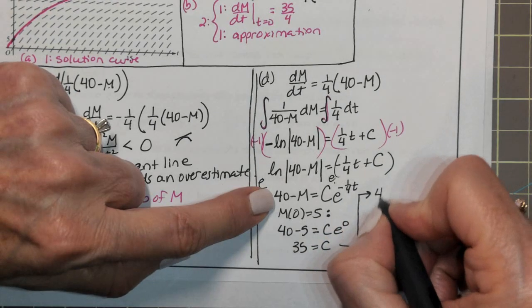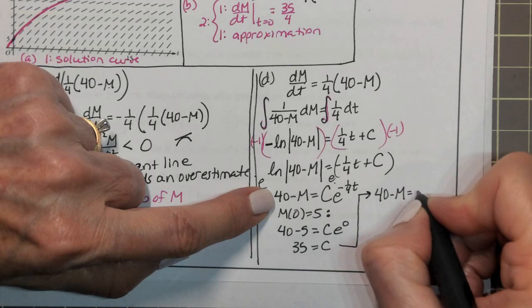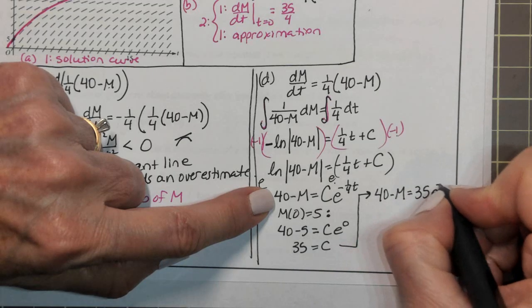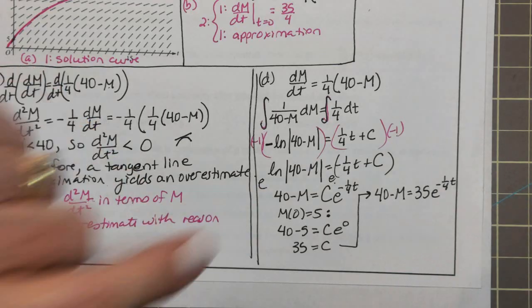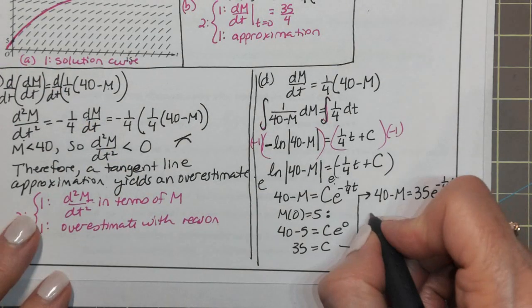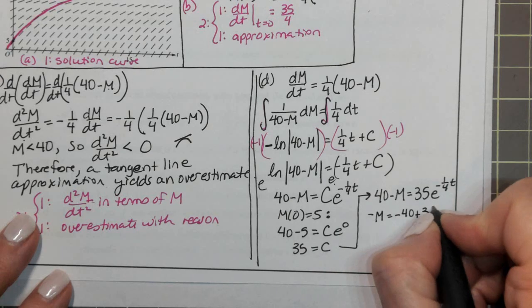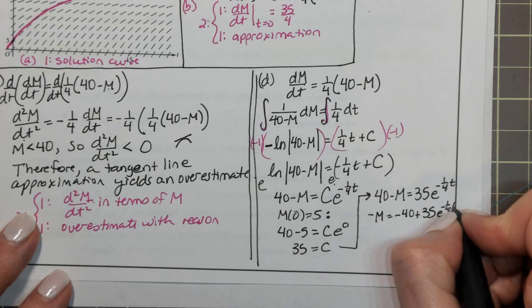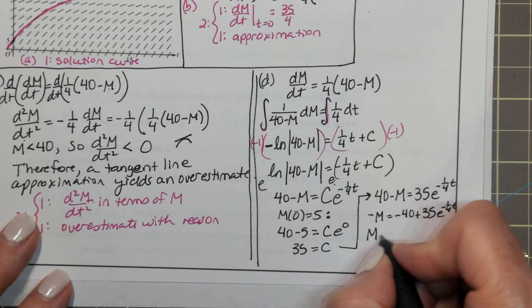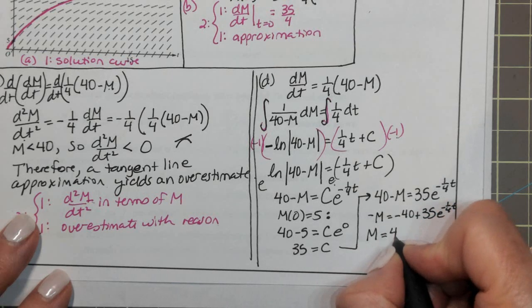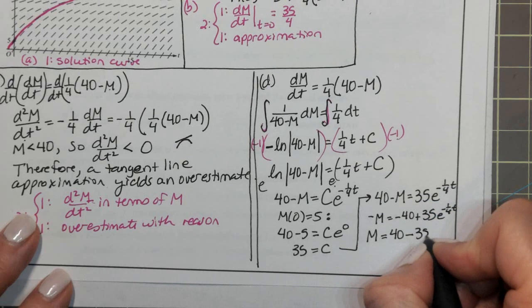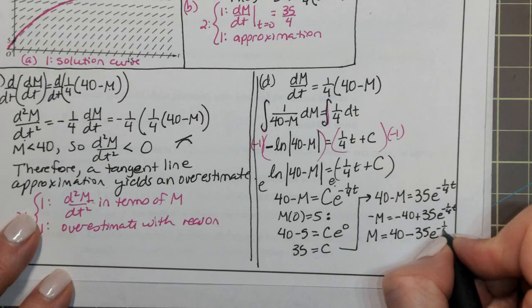So now I have 40 minus m is 35 e to the negative 1/4 t. So negative m is negative 40 plus 35 e to the negative 1/4 t, and m is positive 40 minus 35 e to the negative 1/4 t.